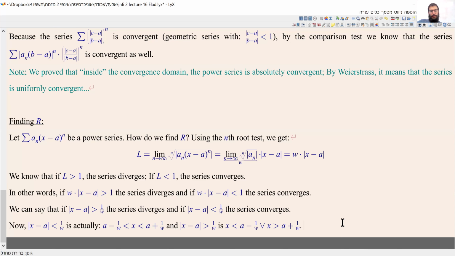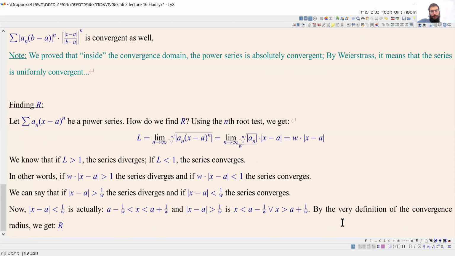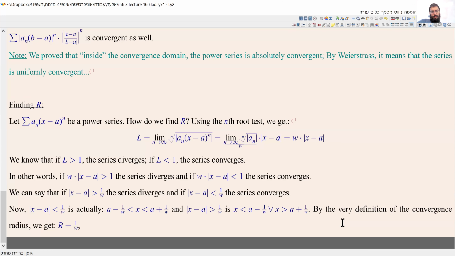So by the very definition of the convergence radius, we get that R is 1 above W. Let's write it down explicitly.